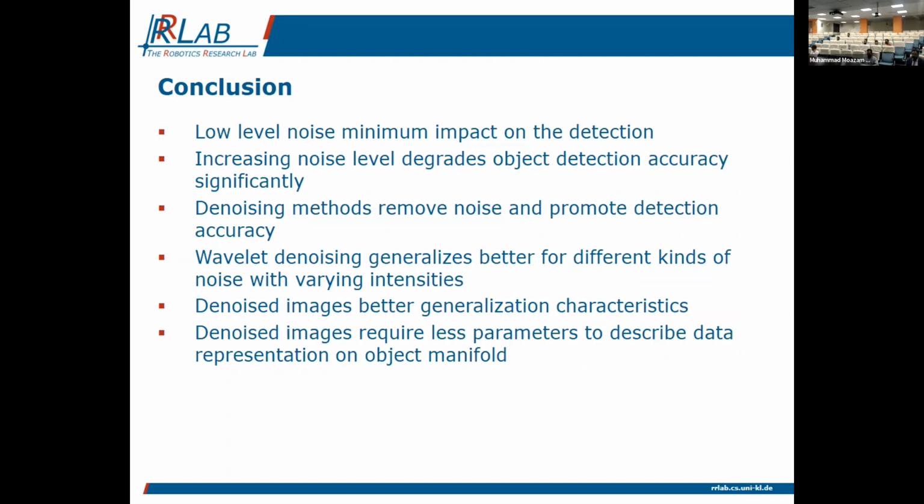Of course, we need this, but we also could show that with classical methods of denoising that don't require any pre-training, that do not require many hyperparameters to tune, we could significantly improve our detection quality.